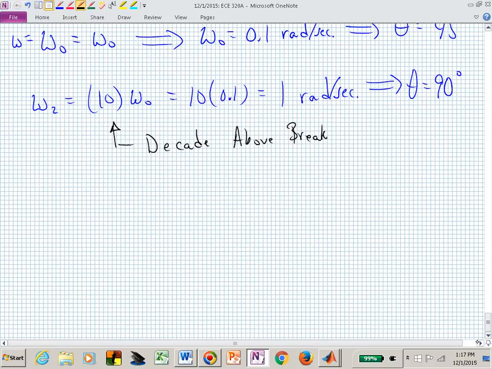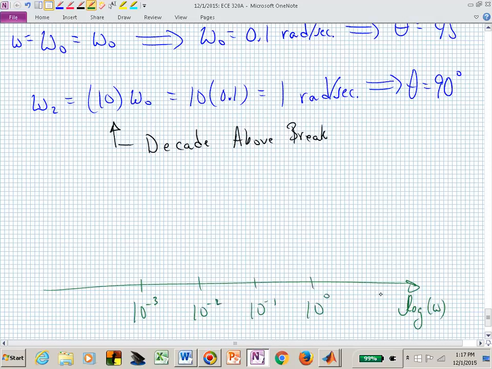Now we can sketch the phase of this zero factor. Log of omega, let's say here's 10 to the minus 3, 10 to the minus 2, 10 to the minus 1, 10 to the 0, 10 to the 1. Where's the break frequency for this zero factor?